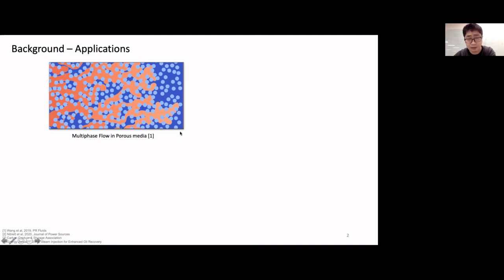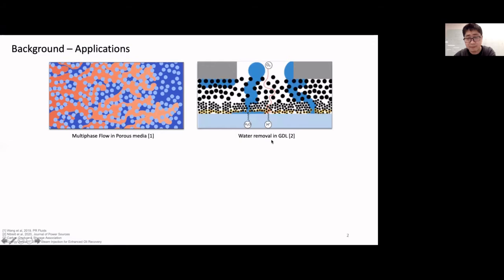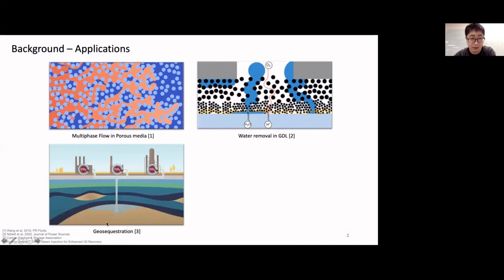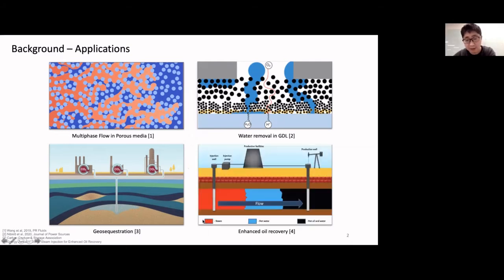And this has quite a wide range of applications, including water removal in gas diffusion layers in fuel cells, and also geosequestration, where supercritical CO2 can be injected deep underground for long-term storage instead of emitting CO2 into the atmosphere. And apart from that, there's enhanced oil recovery, where either CO2 or brine can be used to displace the oil in the oil reservoir, such that the overall efficiency of getting oil can be improved.